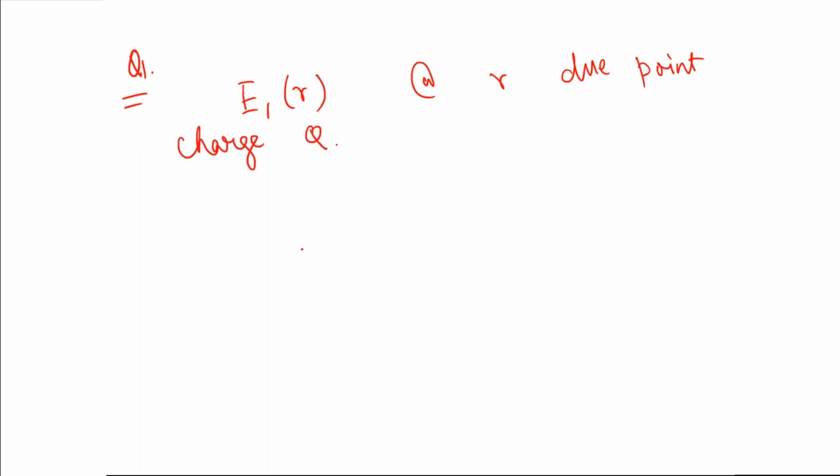So see this E1, the electric field at a distance R due to a point charge Q. Let us see what is the expression for that first. So at a distance R for a point charge, what will be the electric field? This much.